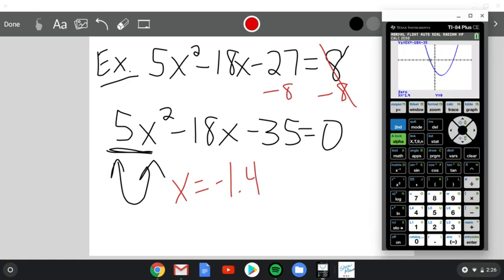And then I need to do it again. Second trace, choose number 2. And I need to be to the left. And hit enter, to the right. Enter again. And x equals 5. Okay, wonderful.